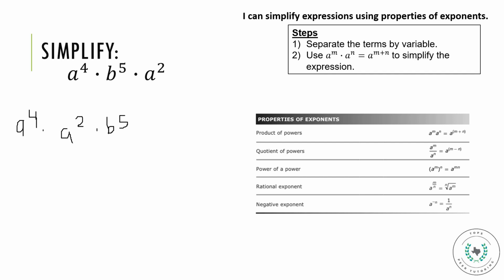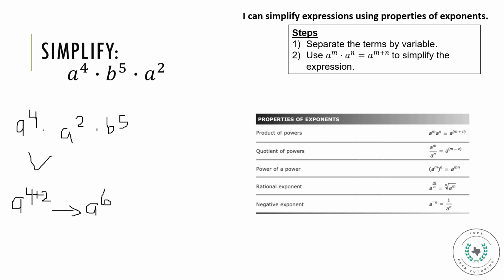Now, the ones that we're going to combine are the ones with the same variable or the same letter. So this b, we're not combining anything with the b because it's the only b value. But we have two a values. So here we can say that we take this a, and then we take the two exponents and we add them. So we add the 4 and we add the 2. And that is going to give us a to the power of 6.